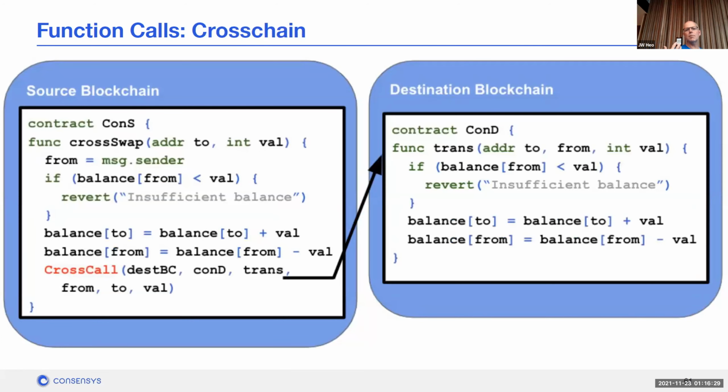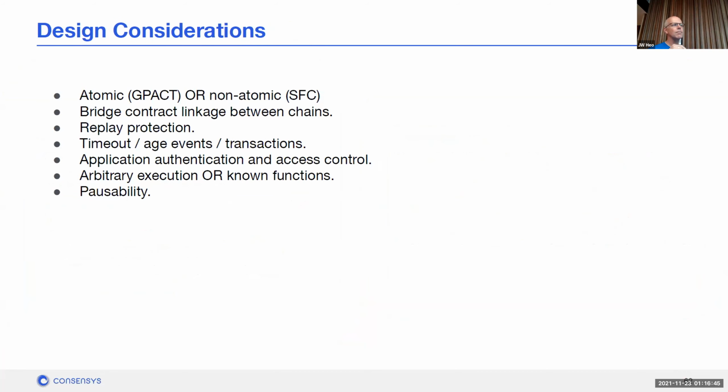But if you're on a multi-blockchain system, then you've got to worry about doing some sort of cross-blockchain call to do that transaction. And so that's what cross-chain function calls do. They allow you to execute those function calls across chains. And so when you're thinking about these at the function call layer, you can have atomic systems or not atomic.